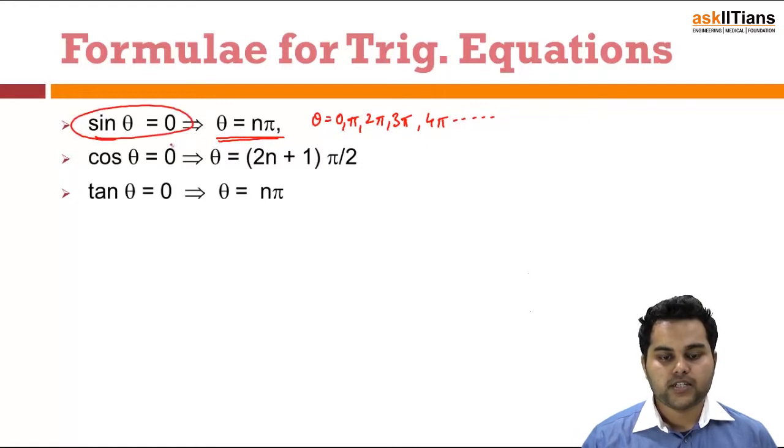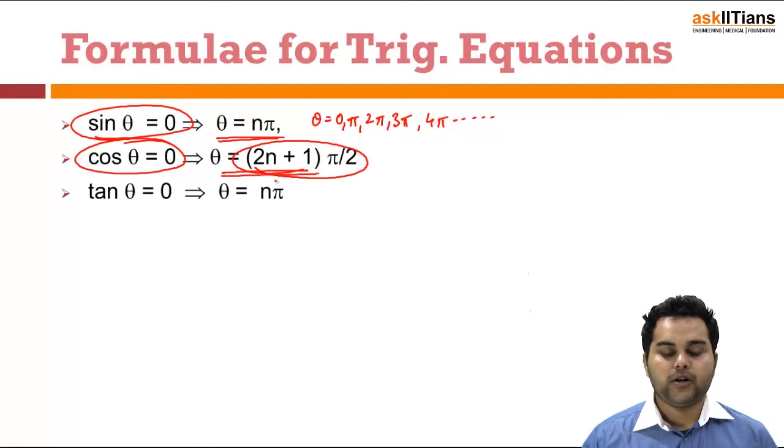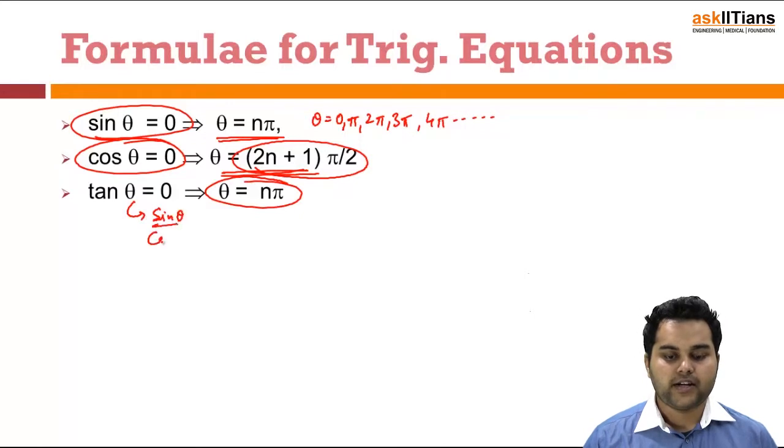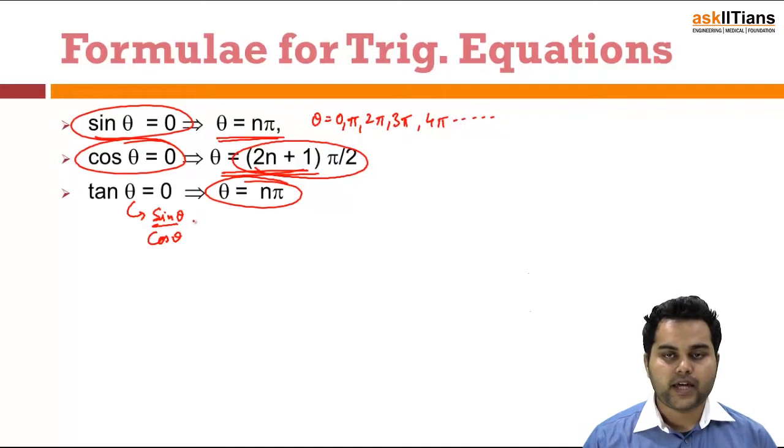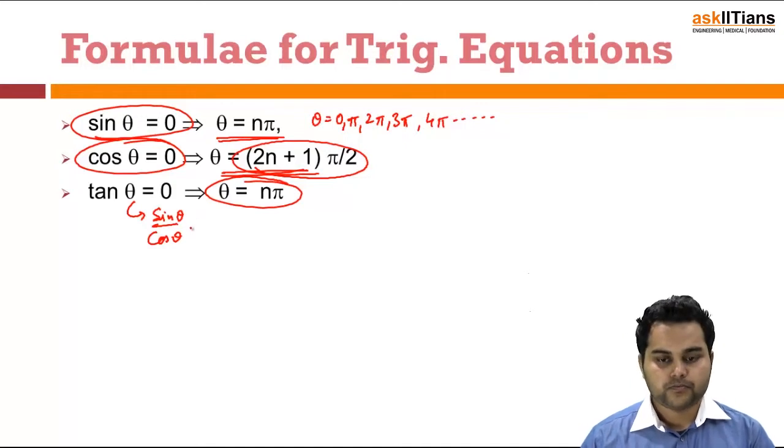If I consider cos theta is equal to 0, I would get odd multiples of pi by 2, hence this would be the solution set, 2n plus 1 pi by 2, as in the first circle, cos theta is equal to 0 at theta is equal to pi by 2 and 3 pi by 2. In the case of tan, the same solution would be contained as in the case of sine, because tan is itself sin theta over cos theta, and if I get numerator as 0, then I would get the value tan theta itself is equal to 0.